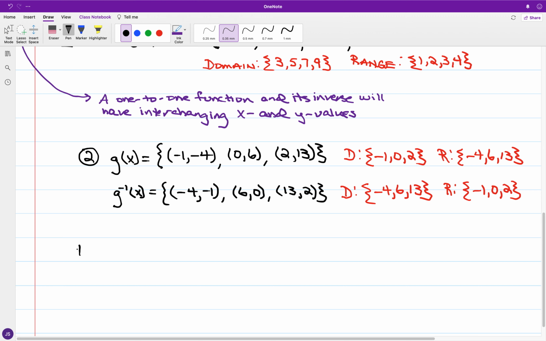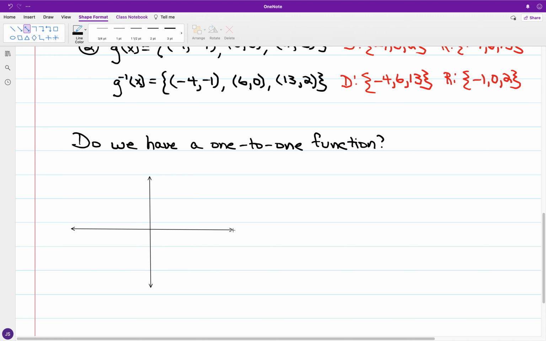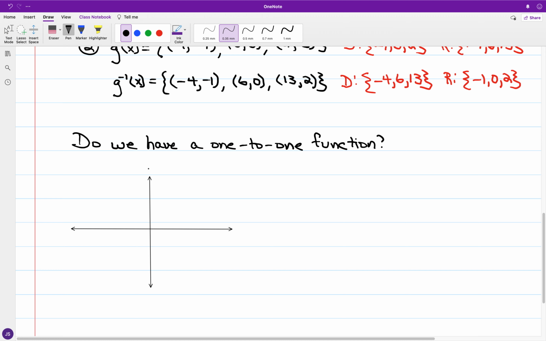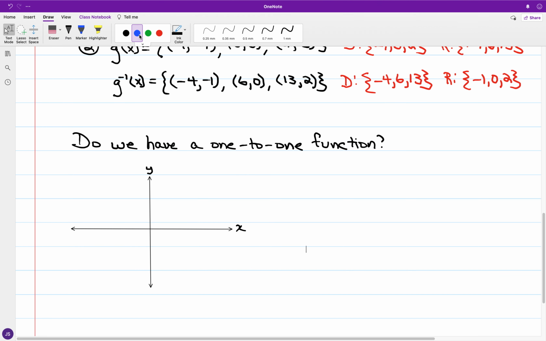Now in terms of graphs, so you have given graphs, and we have posed a question: do we have a one-to-one function? Let's say we have here a graph.